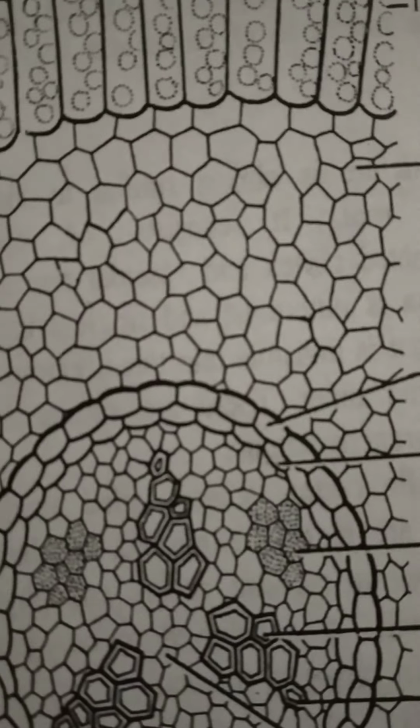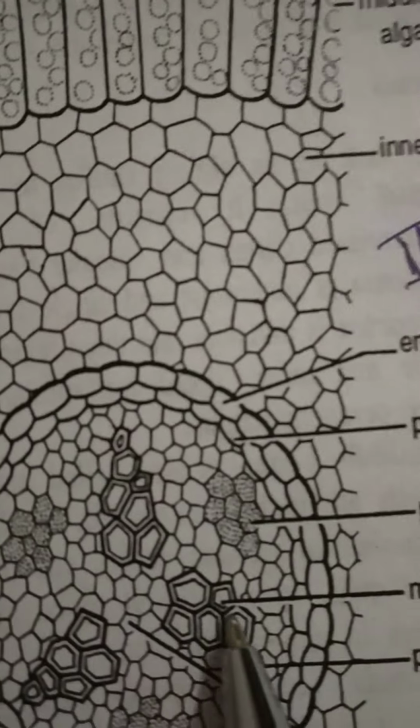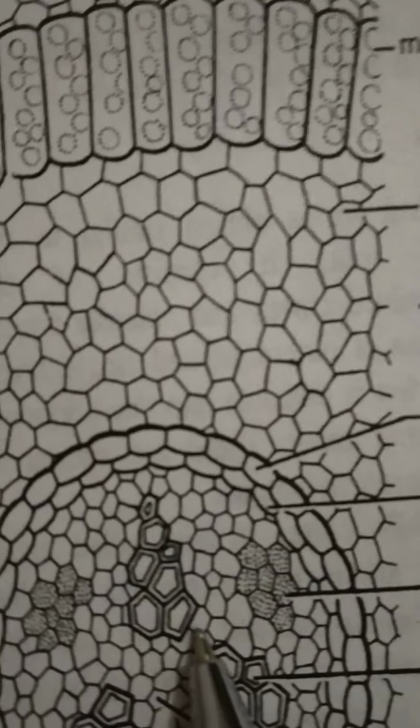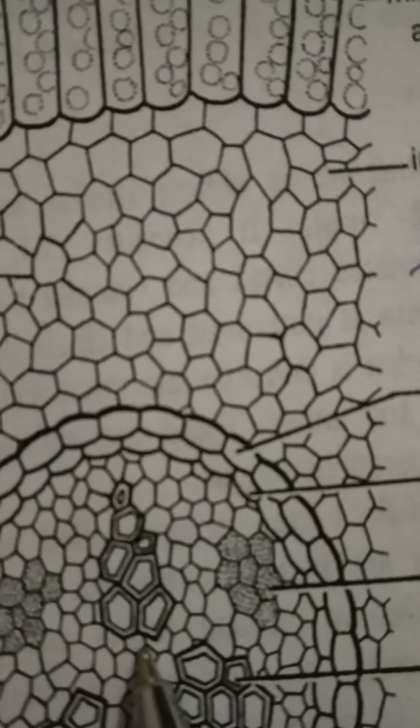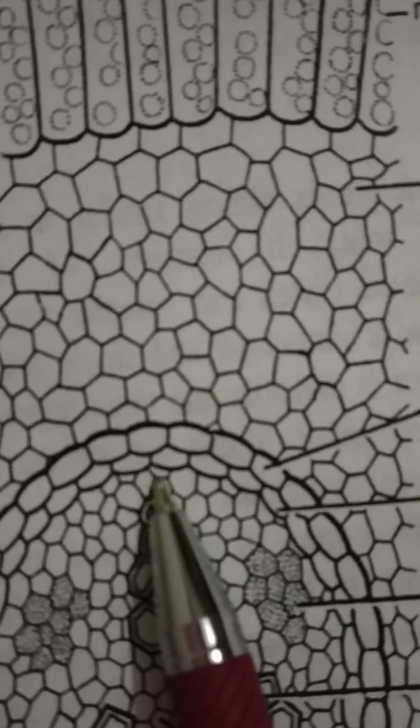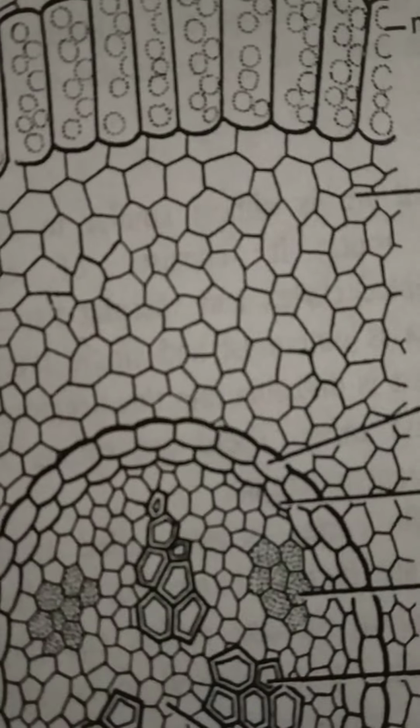One more important thing is that the xylem you see here is exarch, that is, metaxylem is facing towards the center and protoxylem towards the periphery.